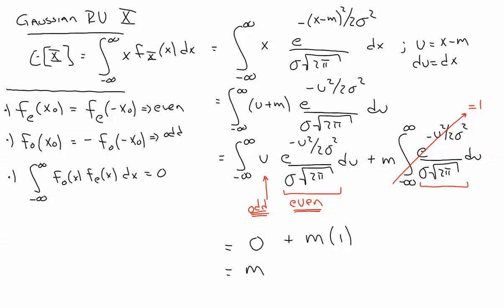Okay? All right. What about the variance of a Gaussian random variable?